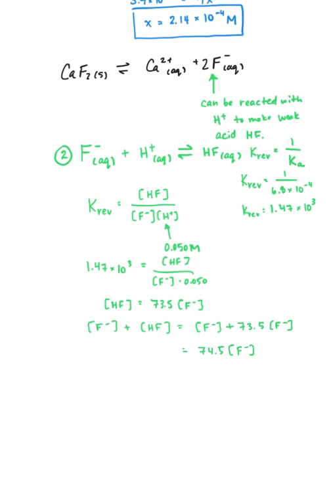The ratio between no acid in solution, in a neutral solution, relative to in an acid solution, looks like this. Fluoride ions without acid present relative to fluoride ions with acid present.